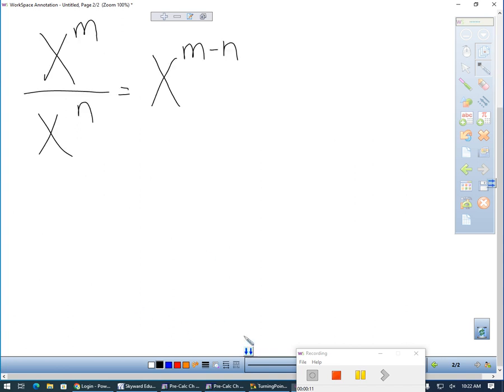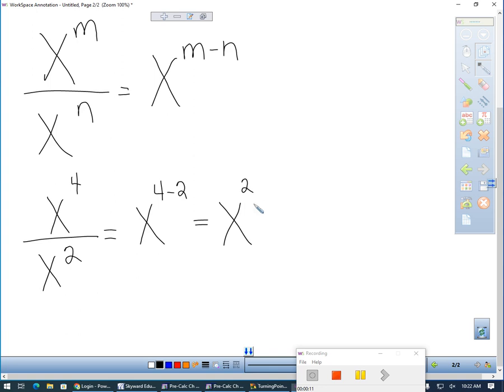Now, for example, if I had x to the fourth over x to the second, technically the rule says we're going to take x and go 4 minus 2, so my answer is x squared.